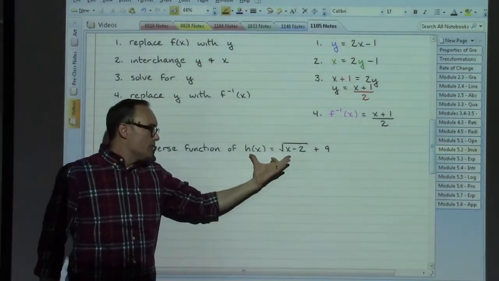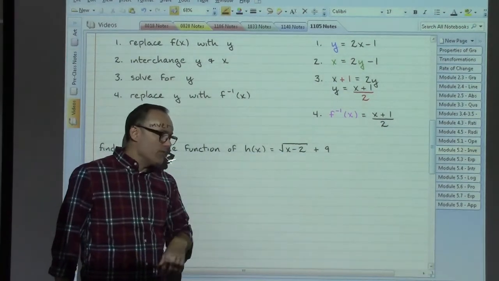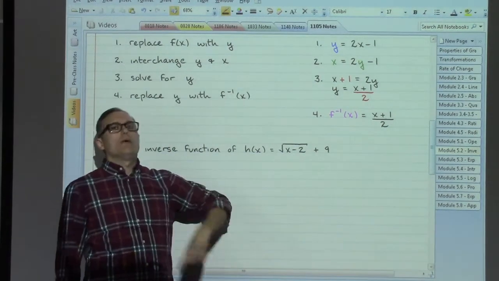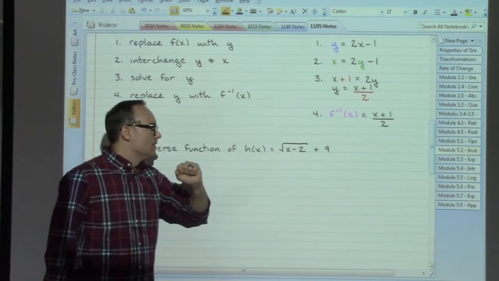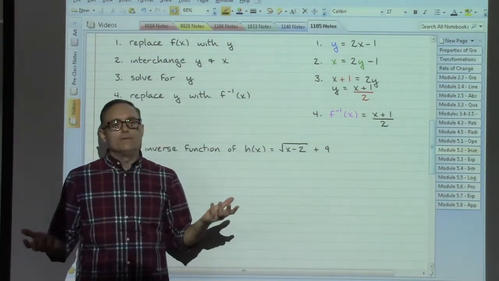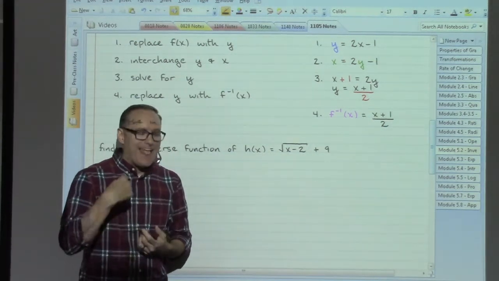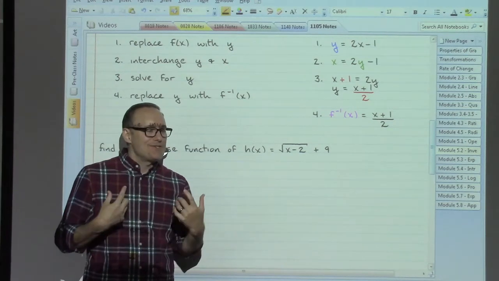So here we have a new function. This one's h of x. H of x is equal to the square root of x minus 2, plus 9. We want to find the inverse of that. Well, how do we know it's got an inverse? They're telling us to find the inverse.